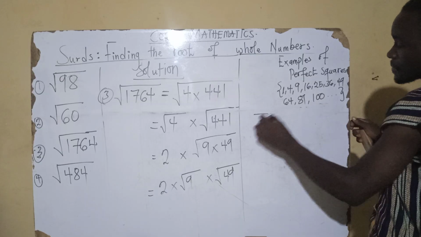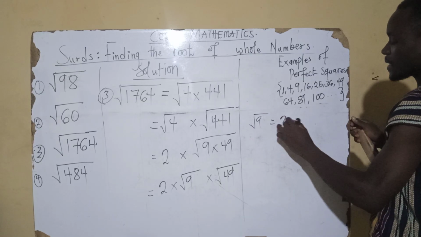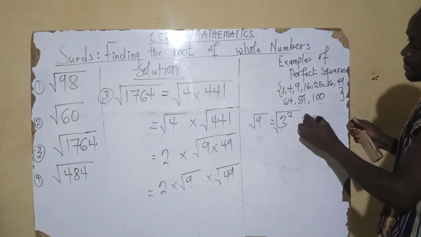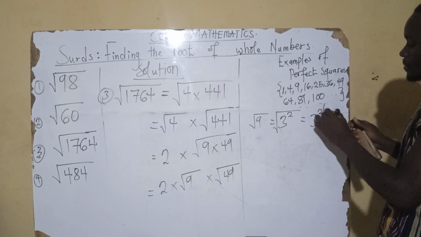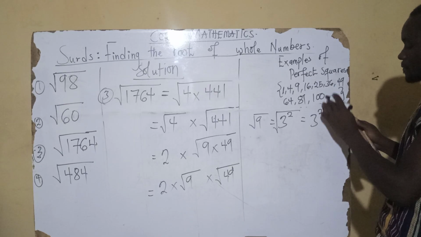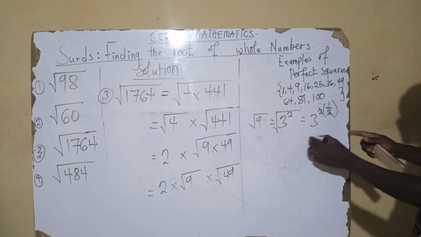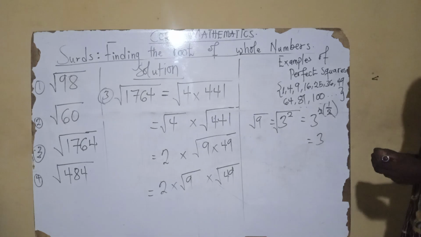Now, root 9 can be rewritten as root of 3 squared. And this is the same as 3 power 2 or power what? Half. And the 2 will cancel, where I'm going to get what? 3. I believe it is clear.